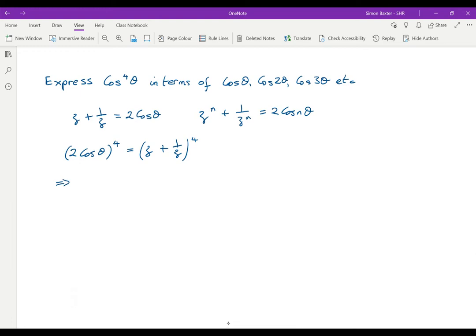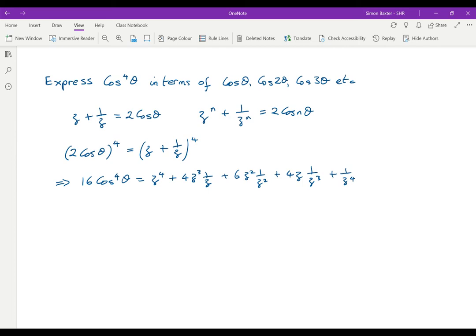The left-hand side, 2 to the 4 is 16. And the other side is Pascal's triangle 1, 4, 6, 4, 1. z to the 4 plus 4 z cubed 1 over z plus 6 z squared 1 over z squared plus 4 z 1 over z cubed plus 1 over z to the 4.